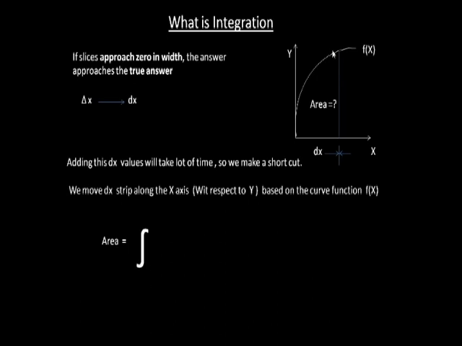Then we can say the area under this curve is equal to the integral from 0 to x, where x might be 5, 6, 7, 8, 9, 10, whatever the value, of the moving slice dx based on the function f of x.